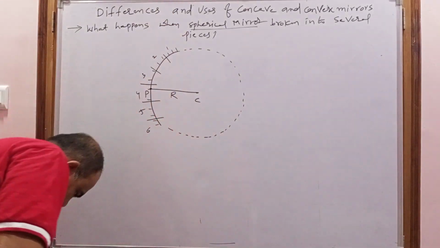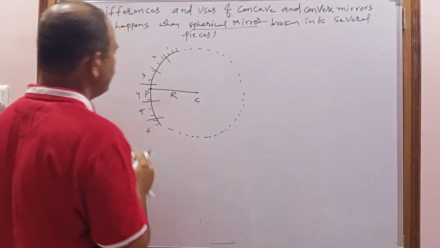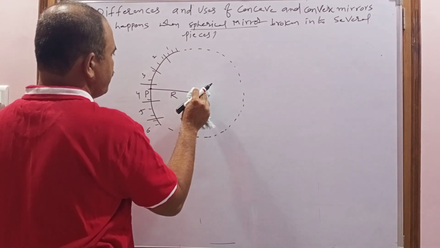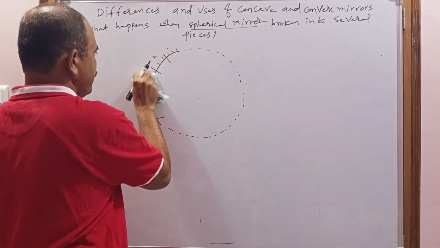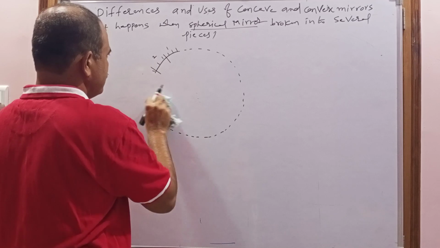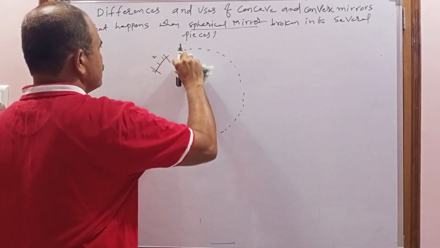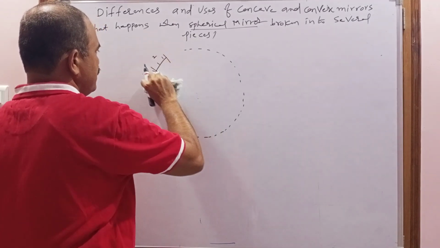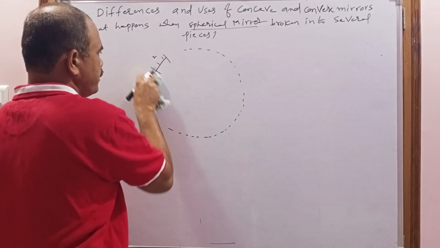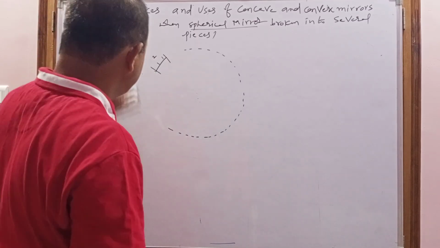Now, in these 6 pieces, I am taking only the second piece. Actually it is broken into 6 pieces, and now this is the second piece.